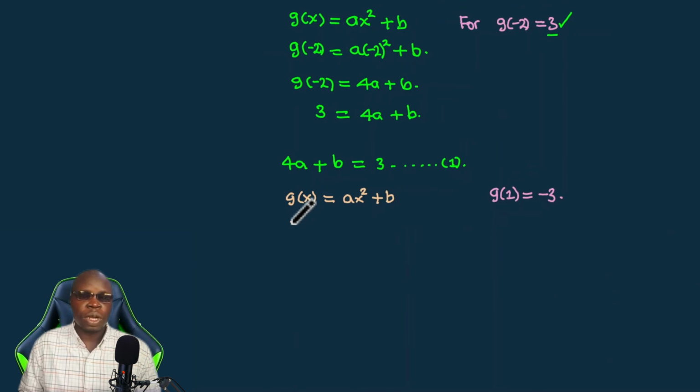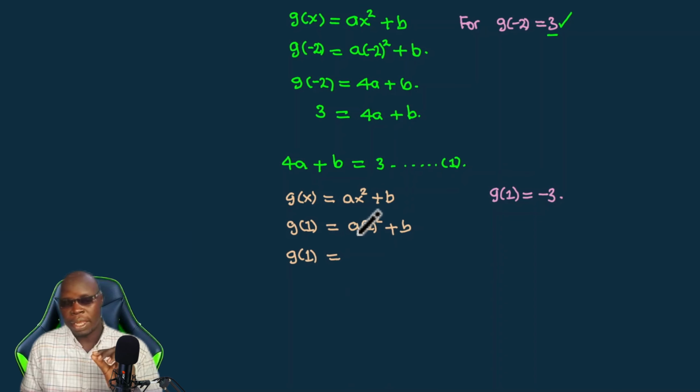Meaning we first need to work on g of 1 equals, whenever we get x, we're putting in 1. So this is our first expression. And when we simplify, we get just simply a, because 1 squared is 1, and 1 times a is just a. So we have here a plus b.